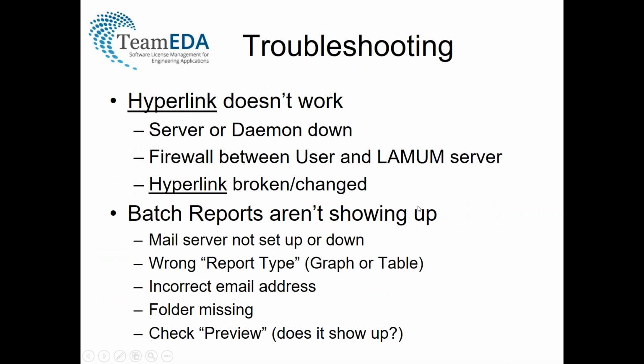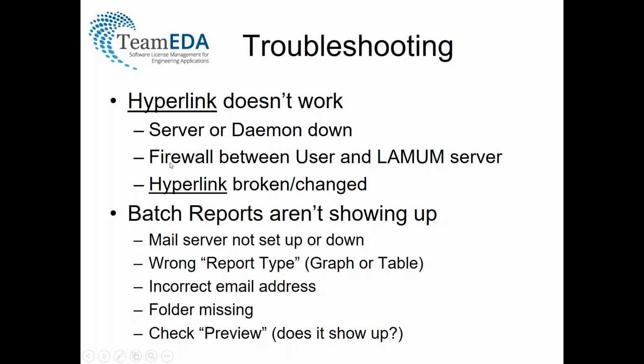So what happens if the hyperlink doesn't work? You set up a hyperlink for a favorite or for a user dashboard and it's not working. So if it doesn't bring up the report, some of the things that could be wrong is the server or the daemon could be down. Obviously, if it's down, it's not going to generate the report.